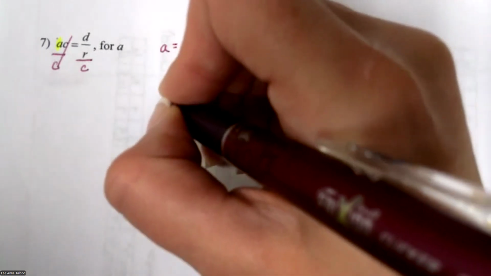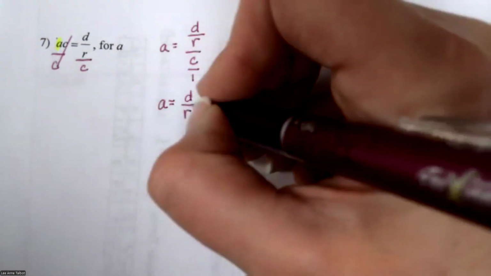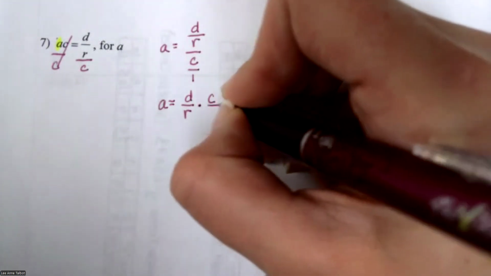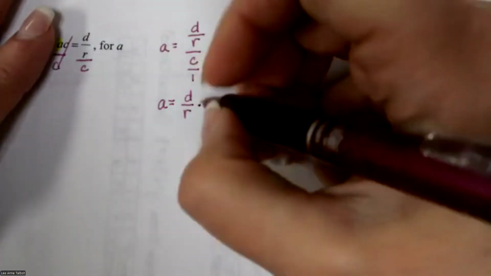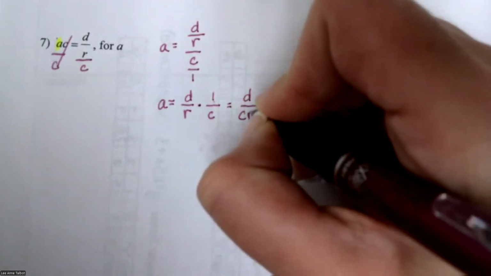So this is dividing fractions, which is keep, change, flip. So that means I keep the D over R, change to times, flip C over 1. That's not right. I didn't flip it. This is why I live in the land of erasable pen. Okay, and now I have D over CR.